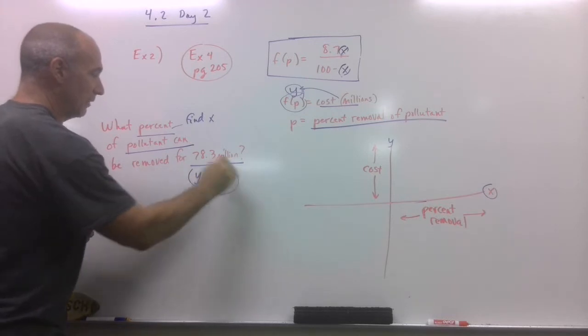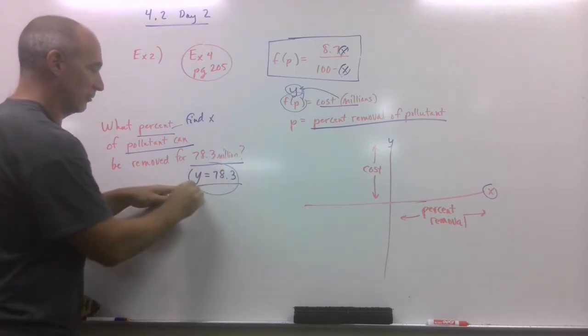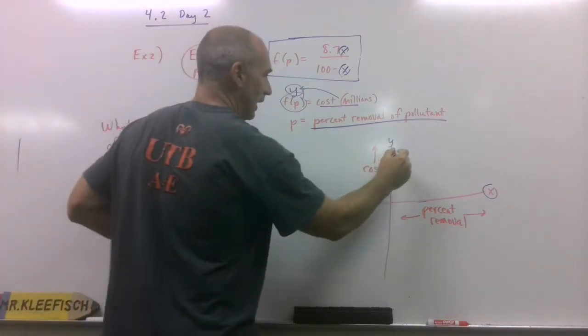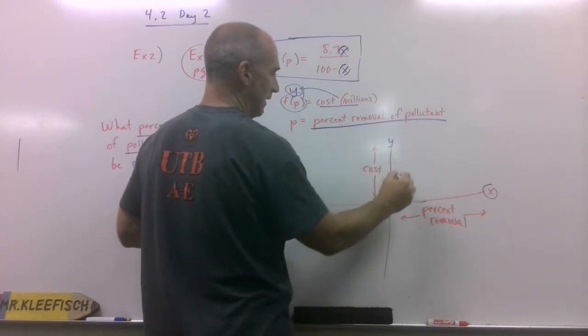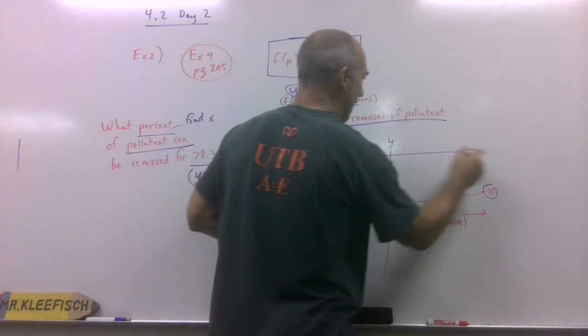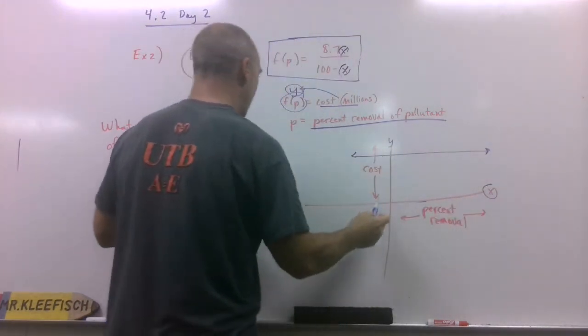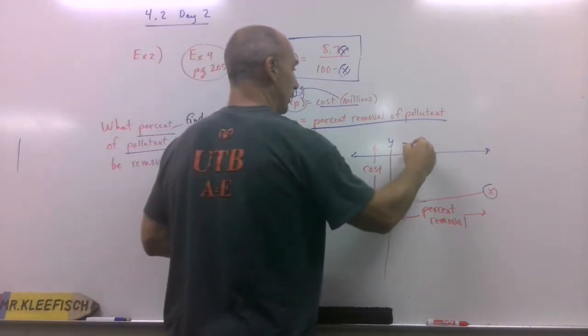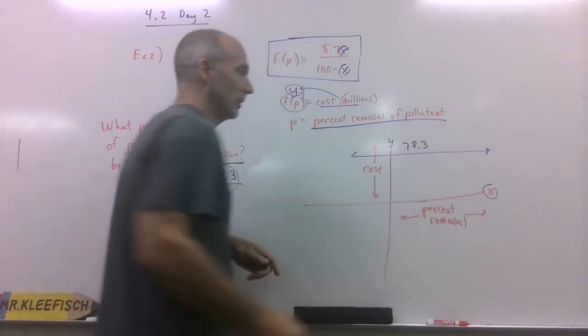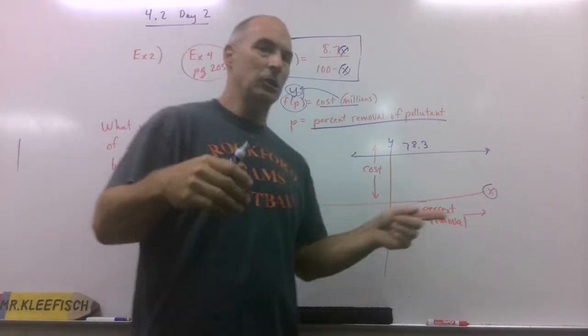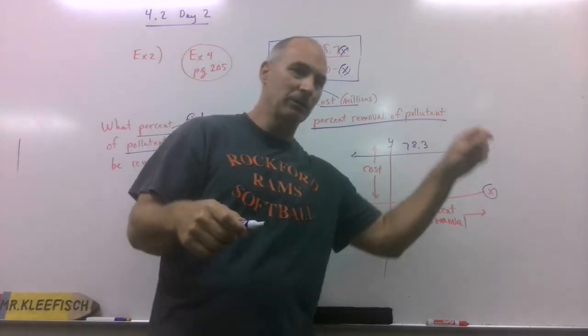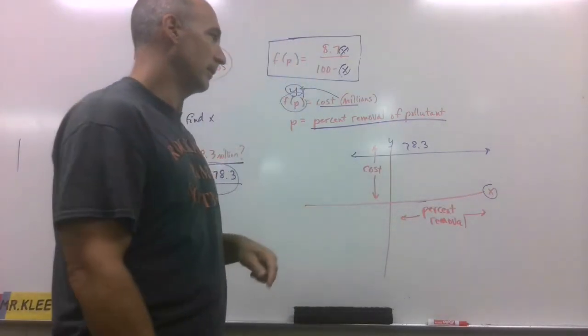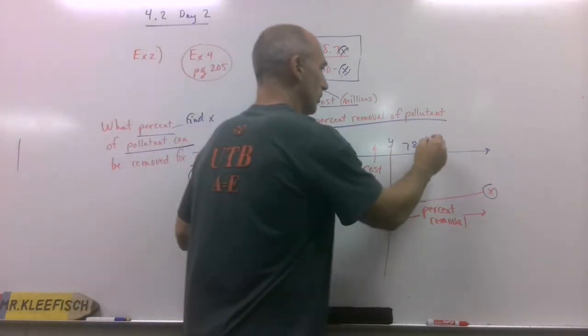We're going to piggyback this and say, let's graph that. This y-axis is huge, but I'm just going to say the graph of that is 78.3. I'm not going to transition that into 78,300,000. So we're just going to consider this to be millions.